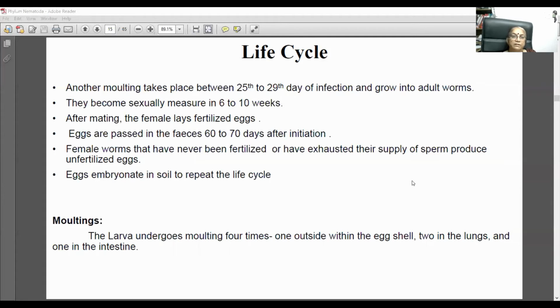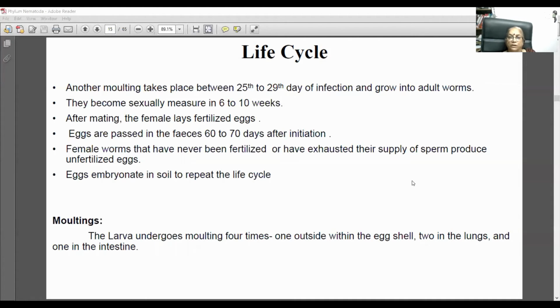One important thing which you have to remember is the larva undergoes molting 4 times to complete its life cycle. The first molting will take place outside the human being, that is, in the eggshell itself, before it is swallowed by the human.